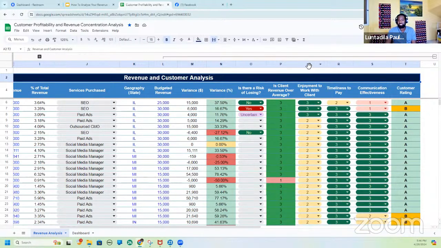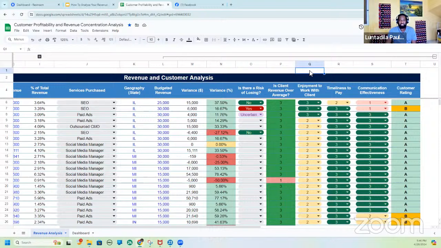So some of the qualitative items we came up with was the enjoyment to work with the client. We're not gonna get along with everybody, and some clients are unfortunately a pain to work with, and some clients are just amazing to work with. They give us creative experience, they give us joy to work with.